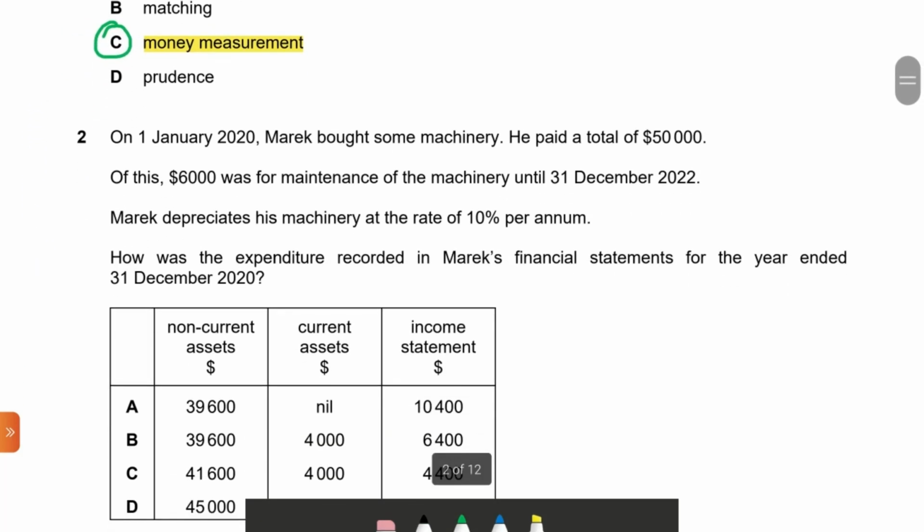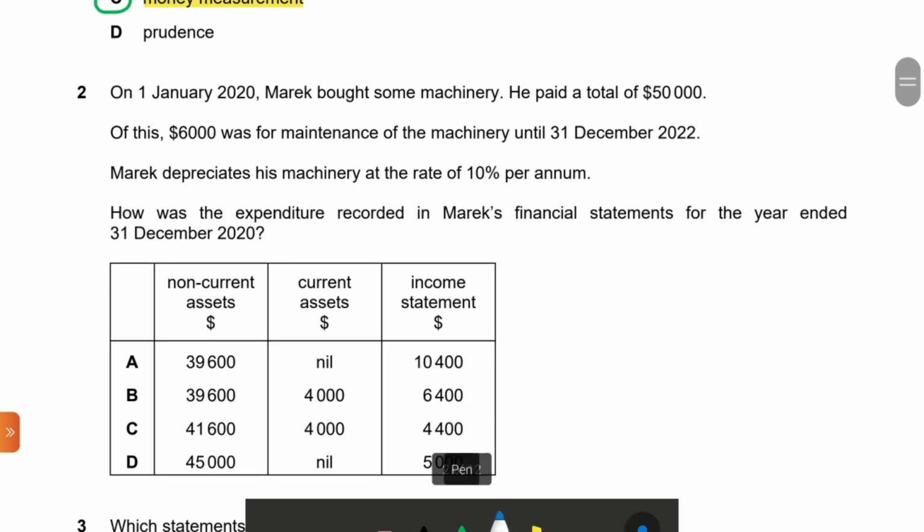Next, question number 2. On 1st January 2020, Marik bought some machinery. He paid a total of $50,000. Of this, $6,000 was for maintenance of the machinery until 31st December 2022.